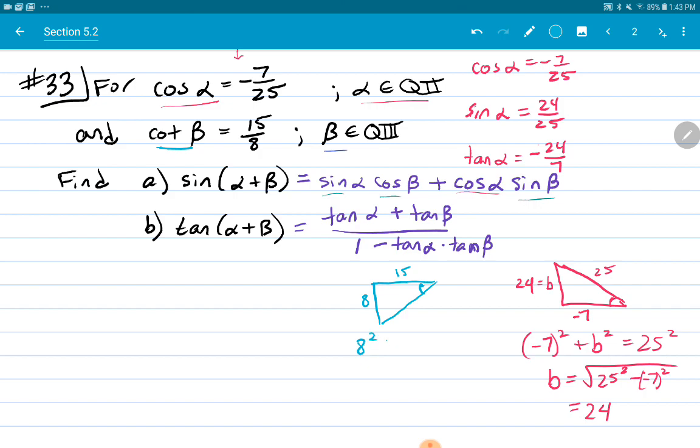So 8 squared plus 15 squared gives me that hypotenuse. So if I solve for the hypotenuse, I get the square root of, and these are both negative, 8 squared plus 15 squared, which equals 17.